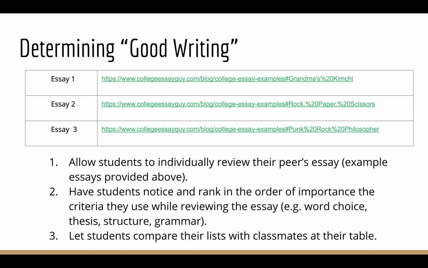It could be word choice, it could be thesis statements. Are they looking for structure, or are they looking at grammar? Whatever they're looking at, they can list and rank in the order of importance. Three, let students compare their lists with classmates at their table. This last step allows students to really recognize that maybe there are some criteria that are overlapping, and maybe there are other criteria that don't.